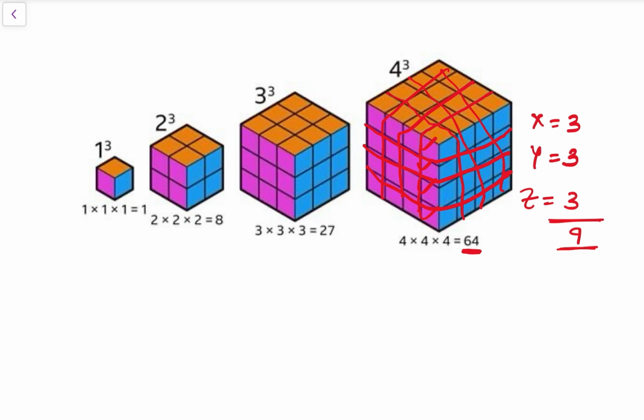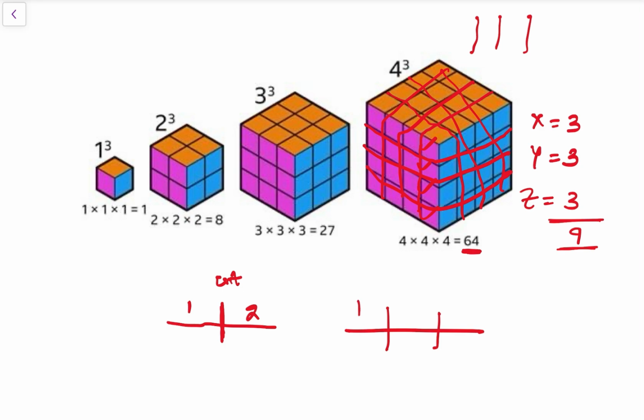Like with a cube, if we make 1, 2, 3 cuts, we'll get 4 pieces, like a line. If we make one cut, we'll get 2 pieces, right? So cut is 1. If we make 2 cuts, we'll get 3 pieces. If we make 3 cuts, that is 1, 2, 3 cuts, we'll get 4 pieces, right?